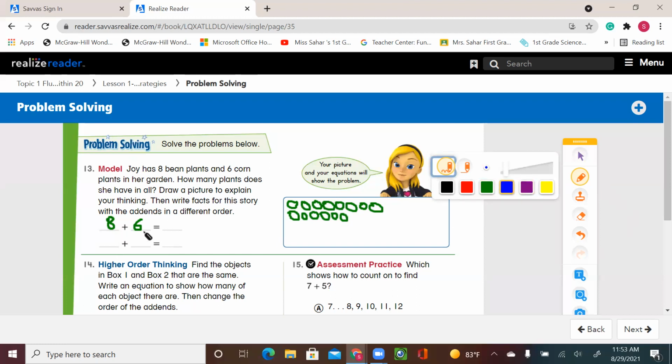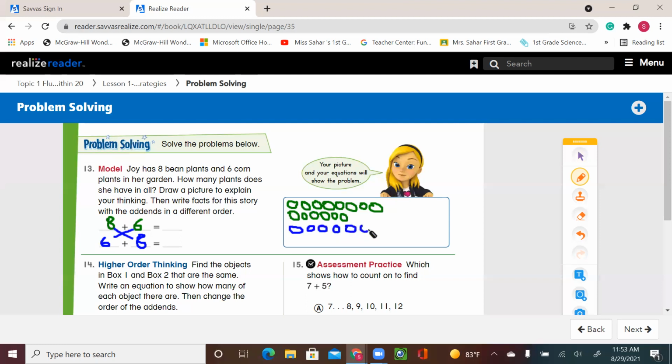Use a different color. Now, the second part, I need to change the order of the addends. So I'm going to use 6 first and 8 after. So I'm going to say 6 plus 8. I'm going to draw it here. 6 first. So 1, 2, 3, 4, 5, 6.